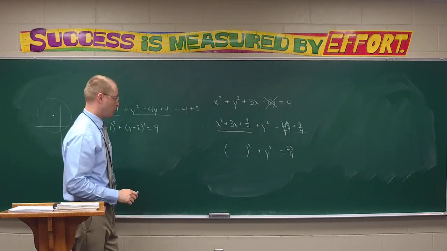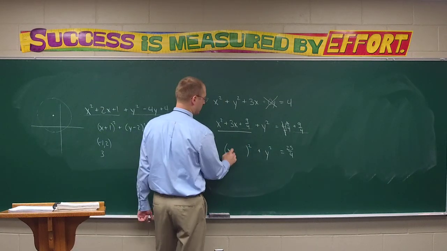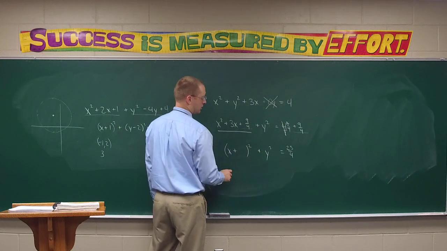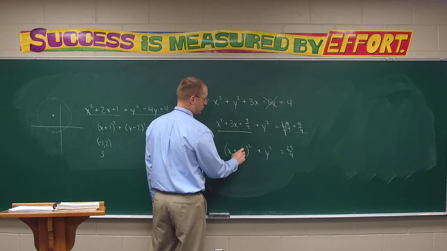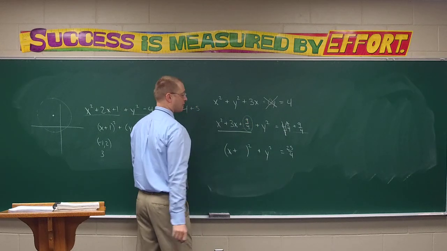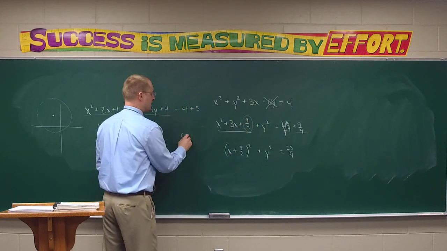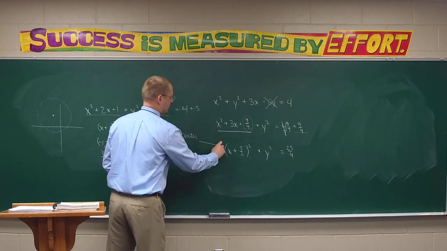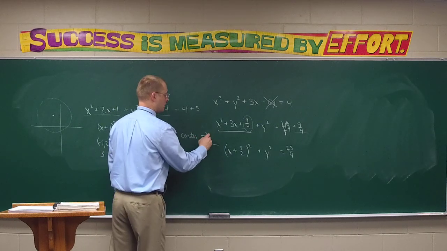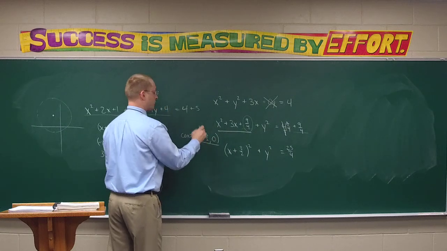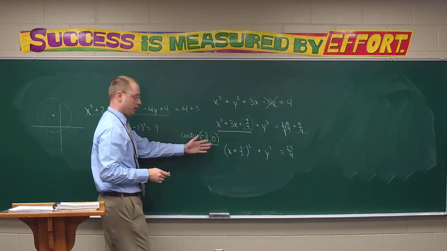What is the binomial, Quentin? x plus... Are we going to take the square root of 9 fourths? 3 halves. So where's the center of the circle, Quentin? Negative 3 halves, 0. Good, negative 3 halves, and of course 0 because we didn't shift the origin vertically.